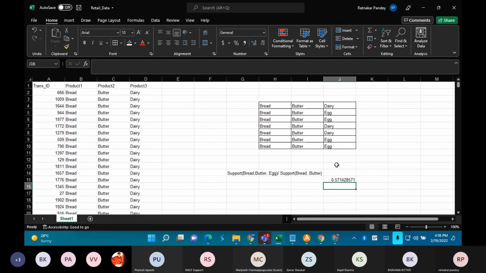What is the confidence for dairy? Who can tell? Dairy. It will be exactly the same thing, but I'm just going to replace the egg with the dairy.